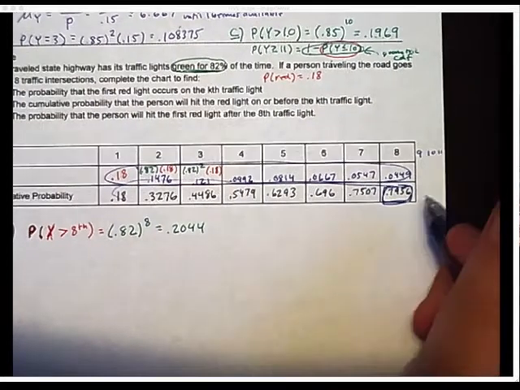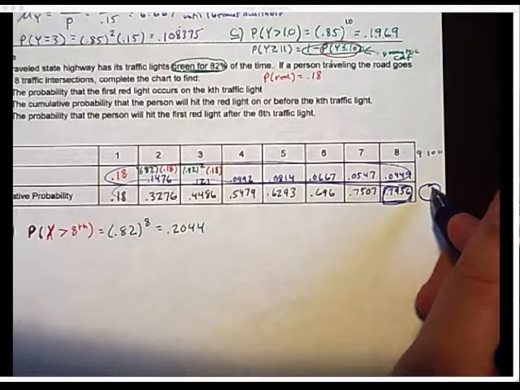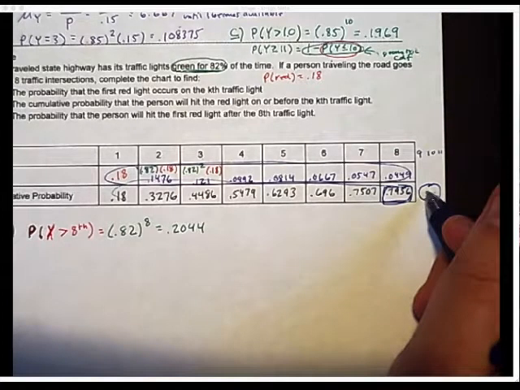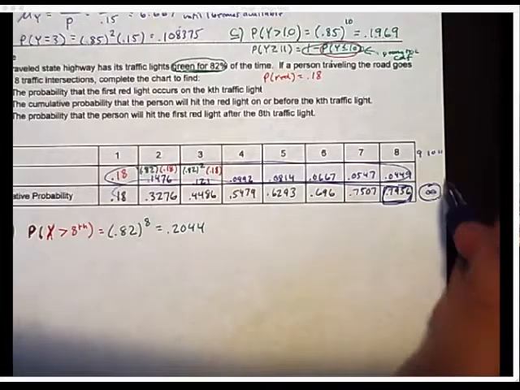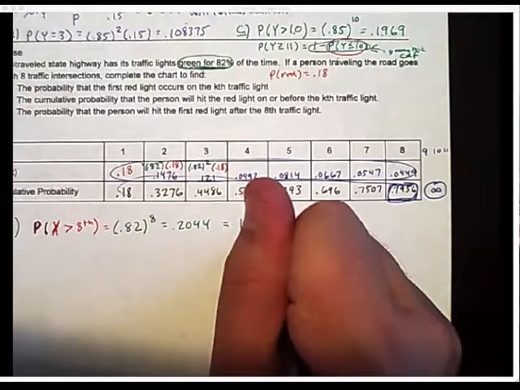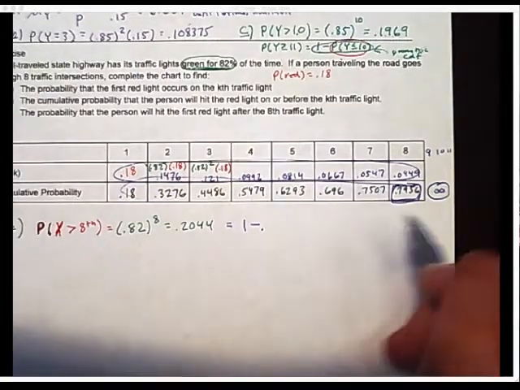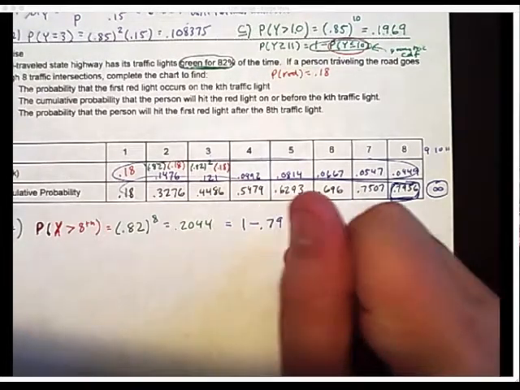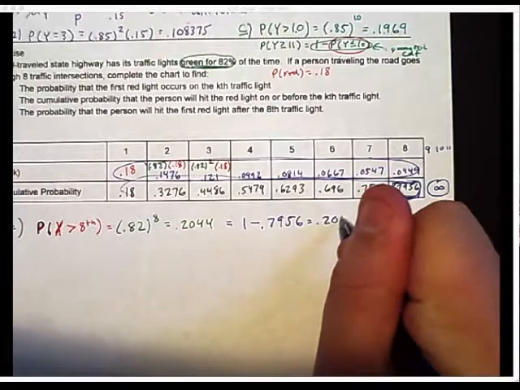All right, so to figure out what this number is when I get out to infinity, all I would have to do, this is going to be the same thing as 1 minus the sum of these first 8. So it's 1 minus 0.7956. It gives you exactly the same number, 0.2044.